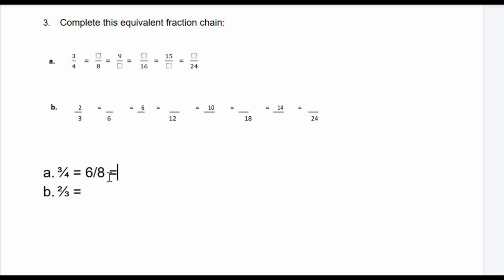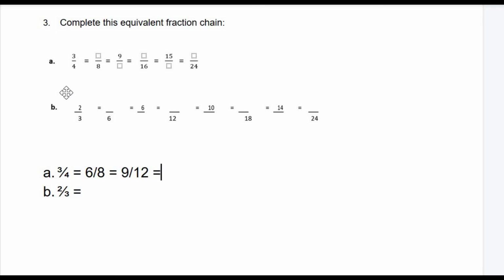Then we have 9 out of, we need to find out this number. What number, if we multiply it by 3, we get 9? You guessed it, it's 3. 3 times 3 is 9, and 3 times 4 is 12. So this number is 12. We have 9 out of 12.